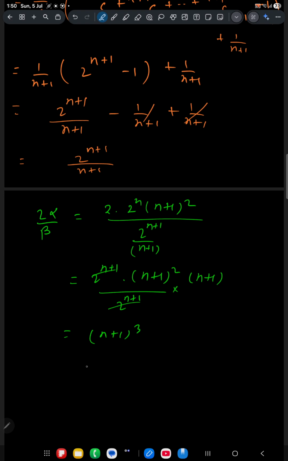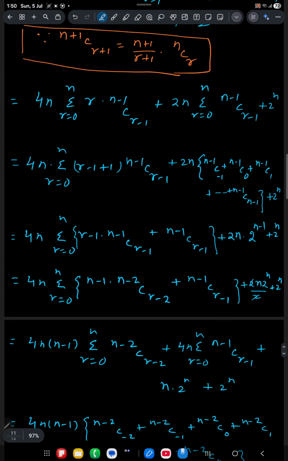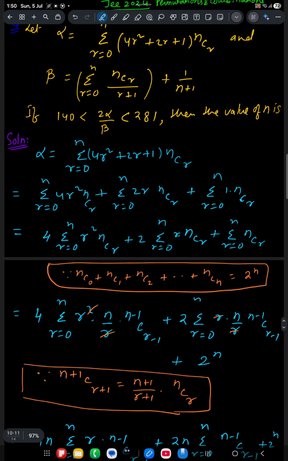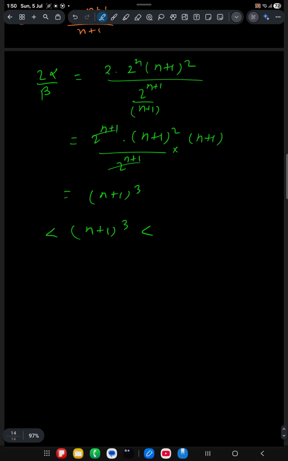Now this (n plus 1) cube, according to your question, is lying between 140 and 281, because 2 alpha by beta was lying between 140 and 281.